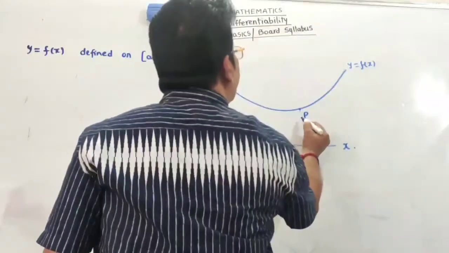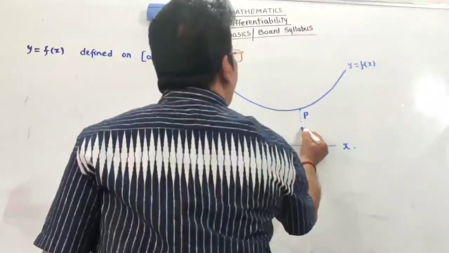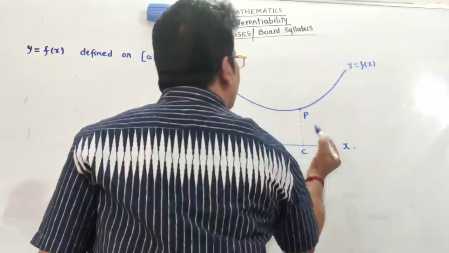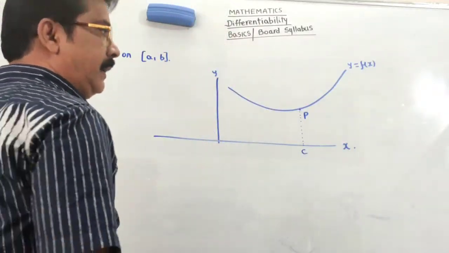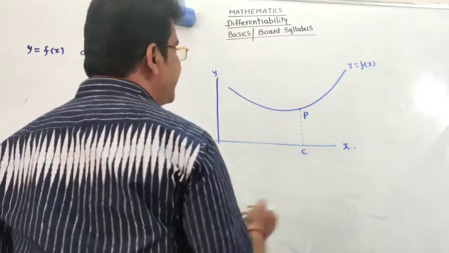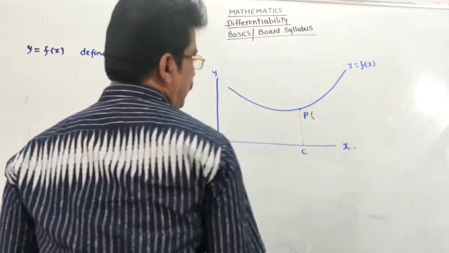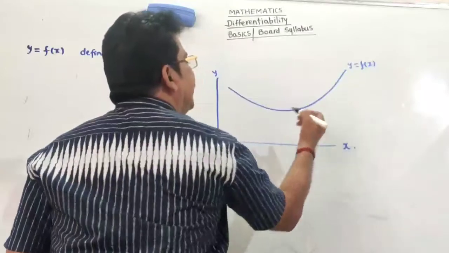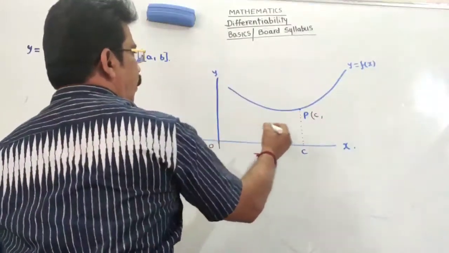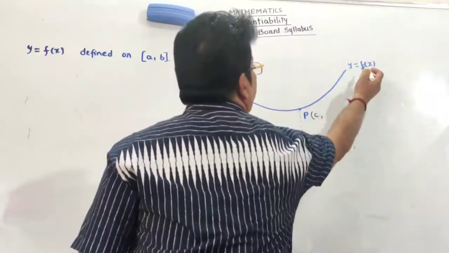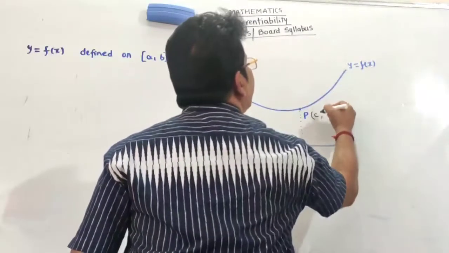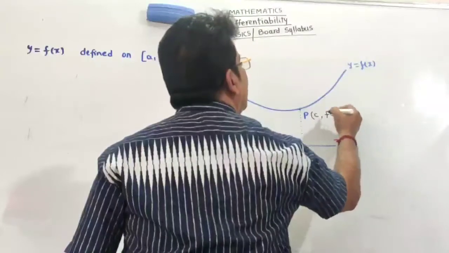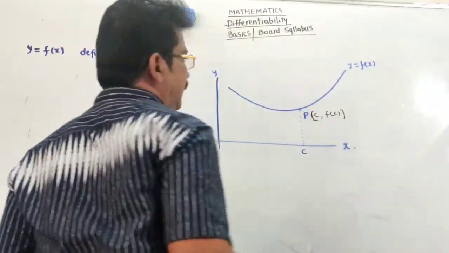Actually, this P is at x equal to c. Then for P, the x coordinate is c, and the y coordinate, by putting x equal to c, is y equal to f of c. This is f of c.